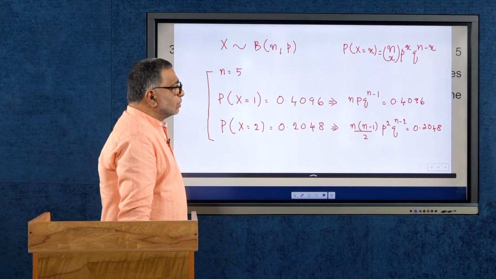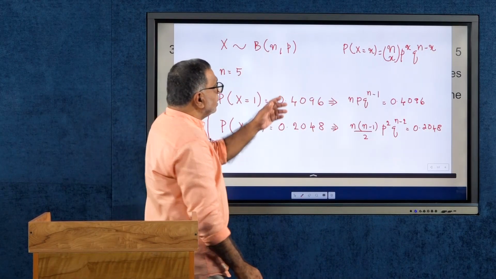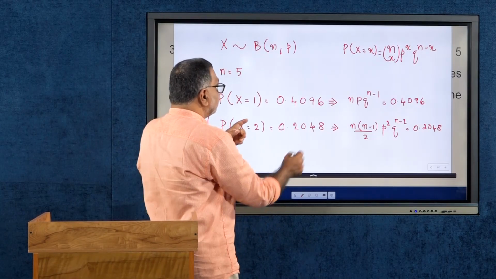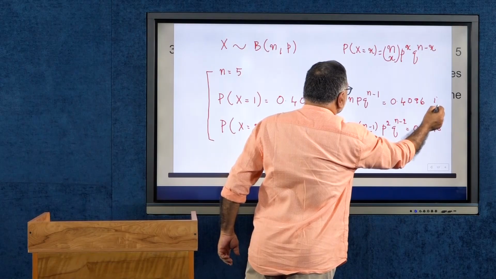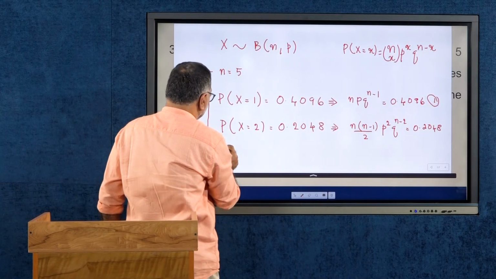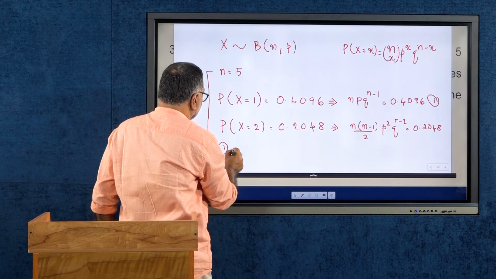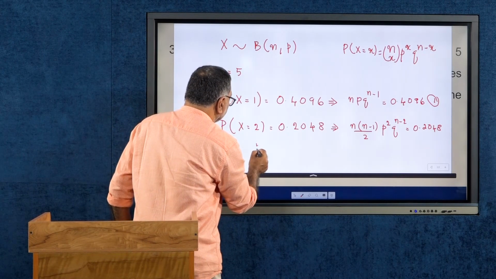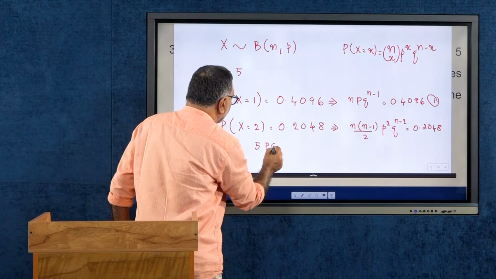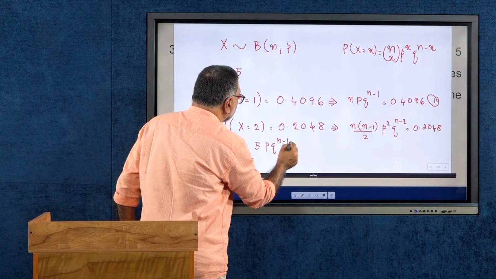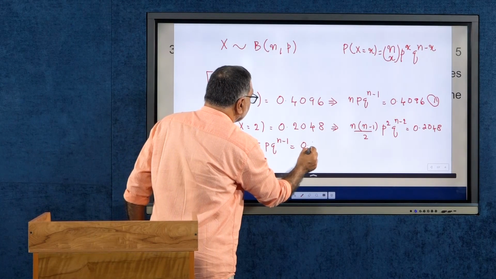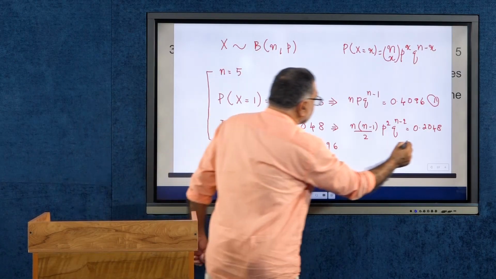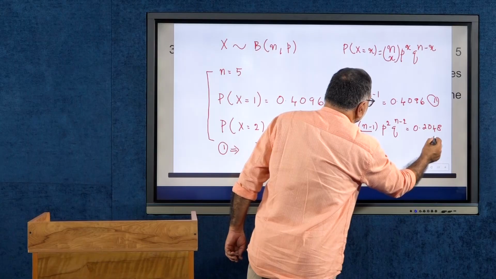Okay. And you are given n is equal to 5. So, the first equation reduces to np, that is 5p q power n minus 1 is equal to 0.4096. And suppose this is the second equation we have.